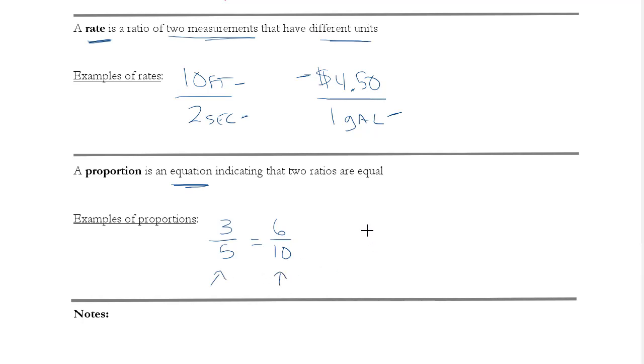I could also say 12 meters per 1 second, maybe a car driving at 12 meters per second, is the same as the car driving 60 meters in 5 seconds, at an average speed. This is another example of a proportion. All right, let's keep going.